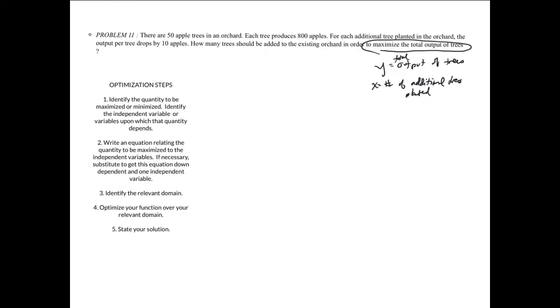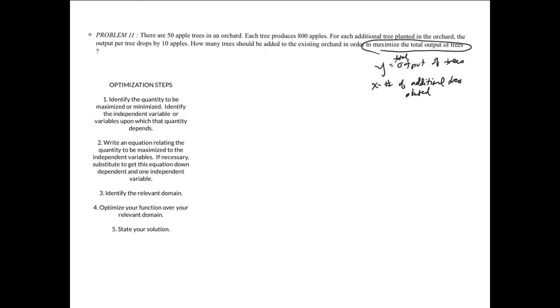Now what's interesting about this is if I started with 50 trees in the orchard, if I made the x a positive number, that would be like planting additional trees. If I made the x a negative number, that would be like taking trees out, which is a physically possible thing. So the x here is not going to be restricted to be 0 at its smallest. We'll revisit that in a moment.